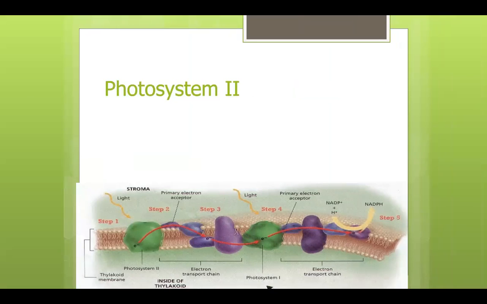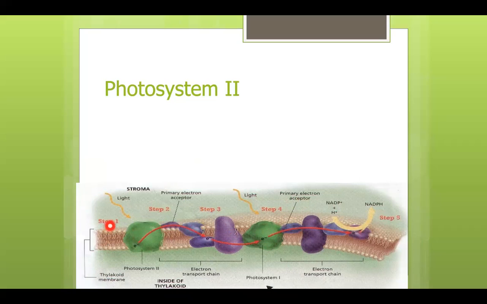So down here, I've got a diagram of one thylakoid membrane and the electron transport chain. That's what this is called, electron transport chain. So you can see here we've got photosystem 2 and photosystem 1.